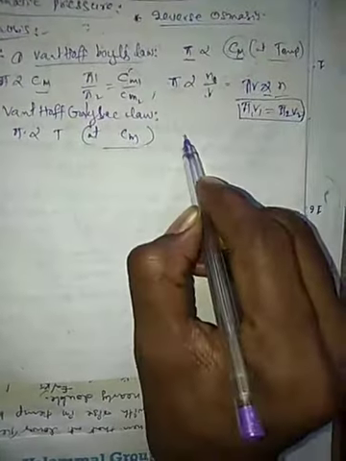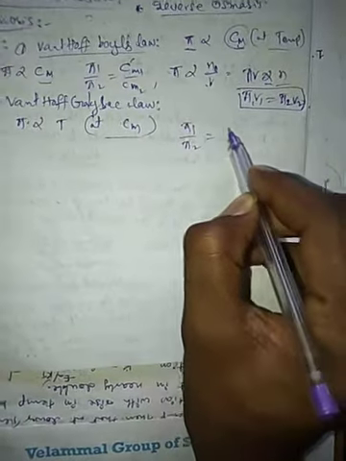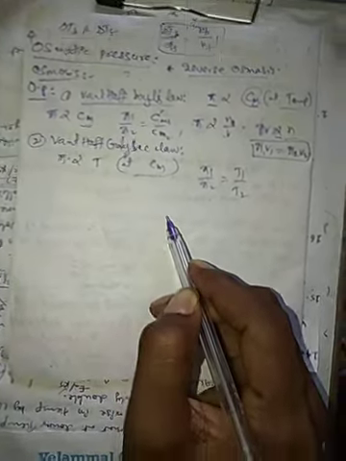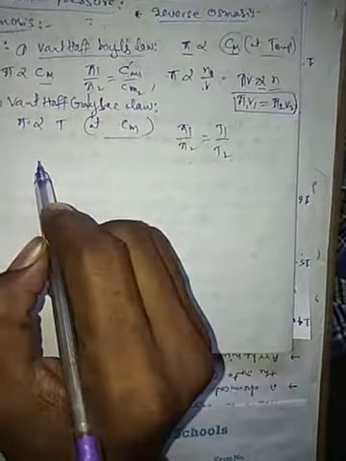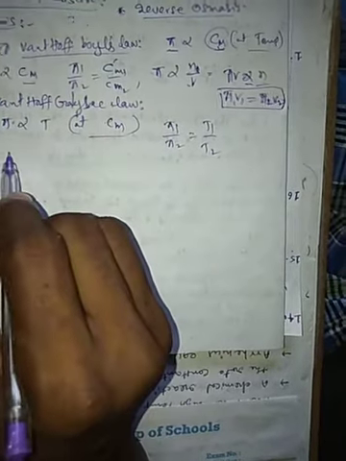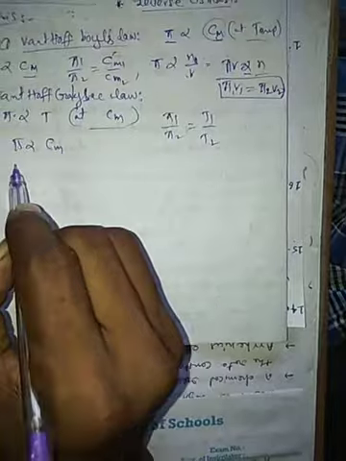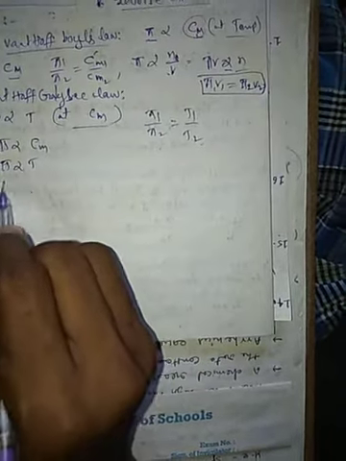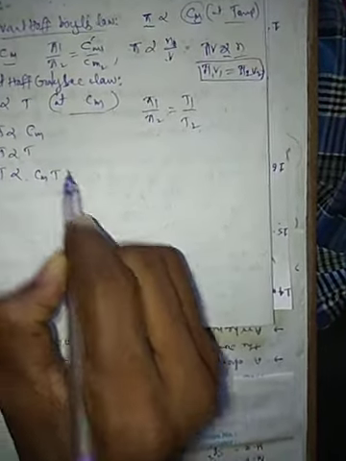Now we can write, changing the osmotic pressure, pi1 by pi2 is equal to T1 by T2. From both equations we can write pi is directly proportional to Cm and pi is directly proportional to T. Finally, pi is directly proportional to Cm and T.